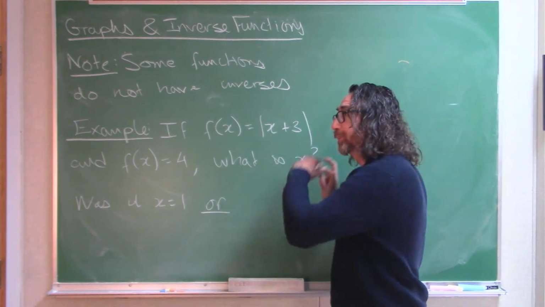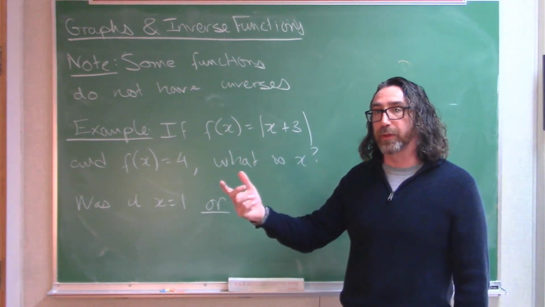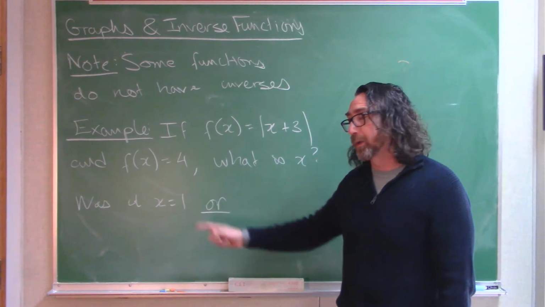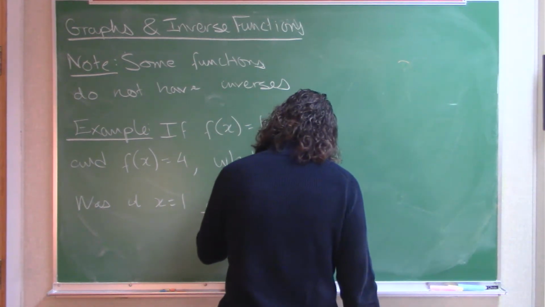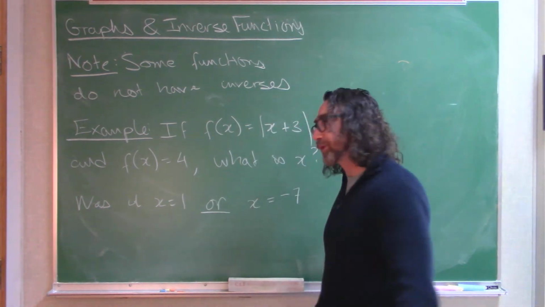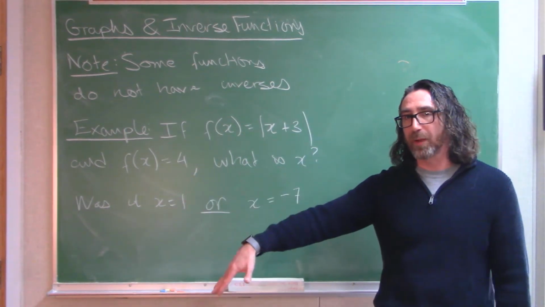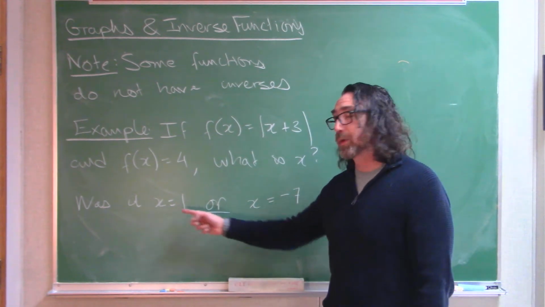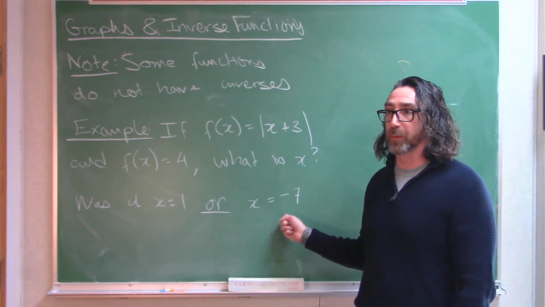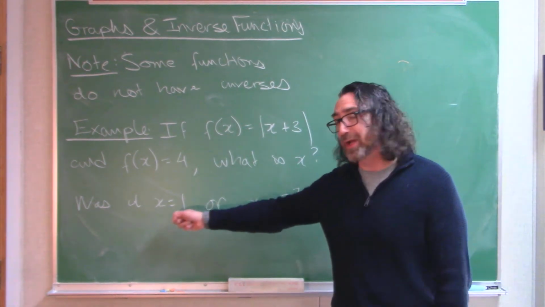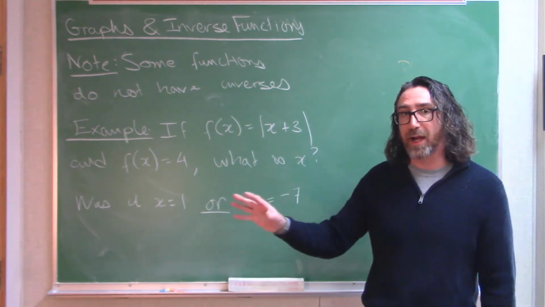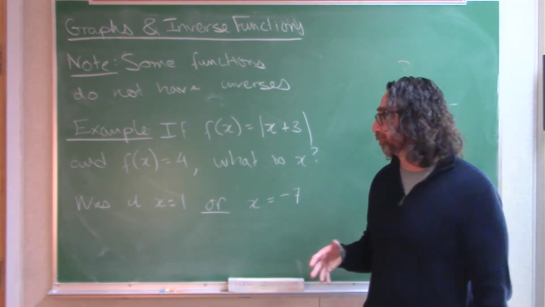Then the rule says take the absolute value, and the absolute value of -4 is 4. So this input also produces the output 4. So there's no way to work backwards and say for sure which one I used. And if we have this kind of ambiguity, then the function does not have an inverse.